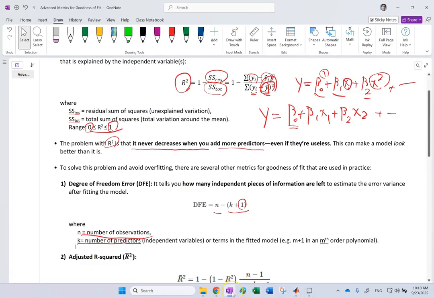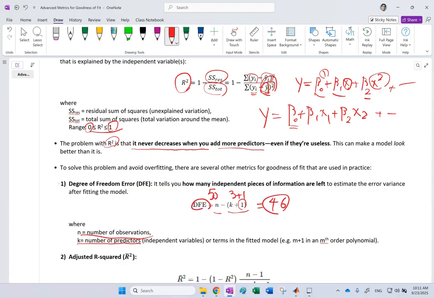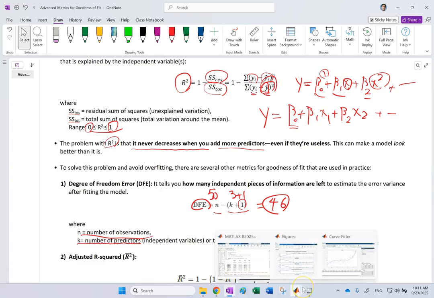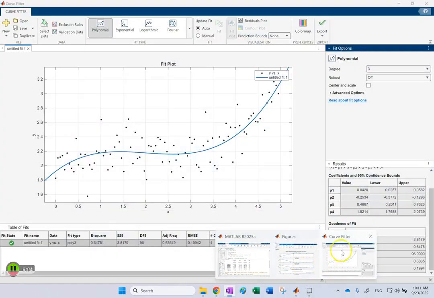So the difference between that 50 and that 3 plus 1, which in this case is 46, is the number of points that I cannot really pass through, and this is the amount of variation in the data that is not coming from the model because of the randomness.